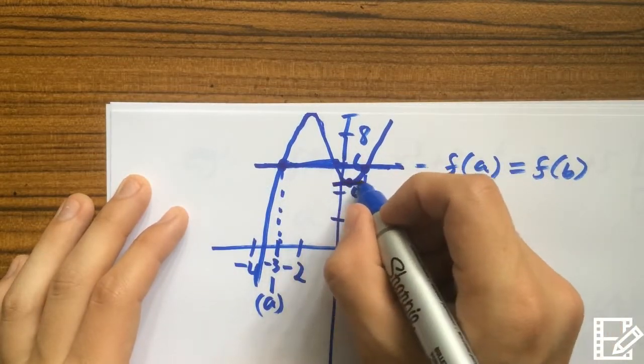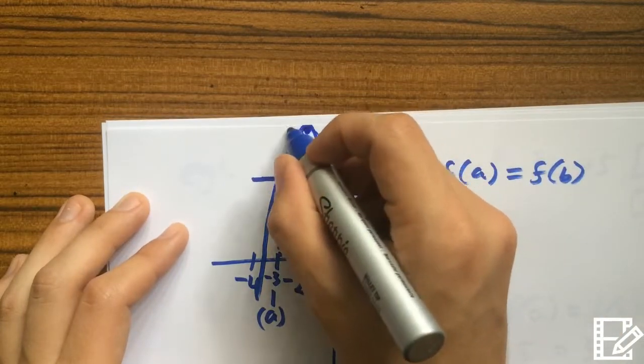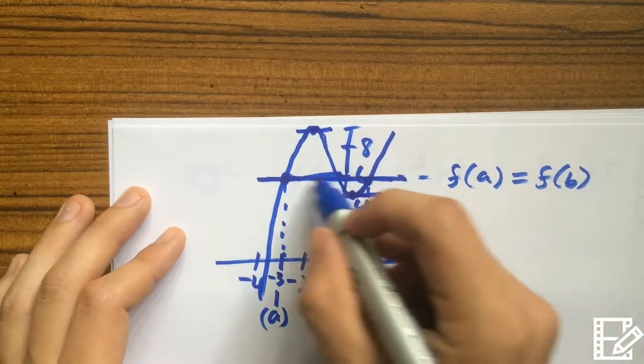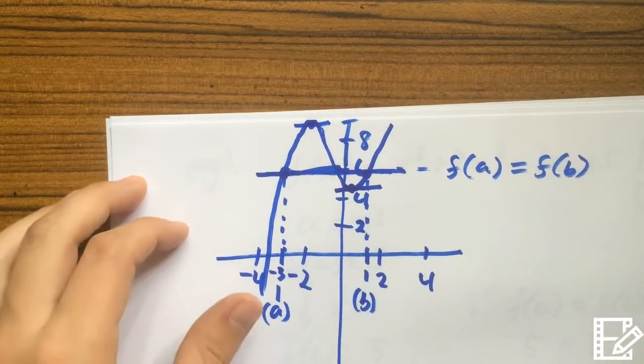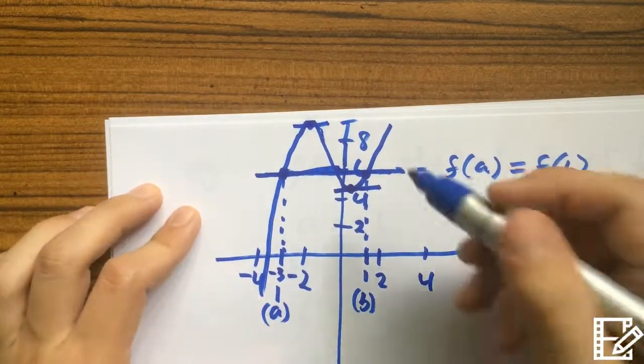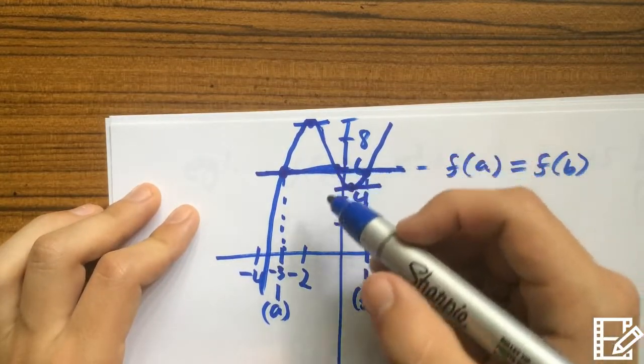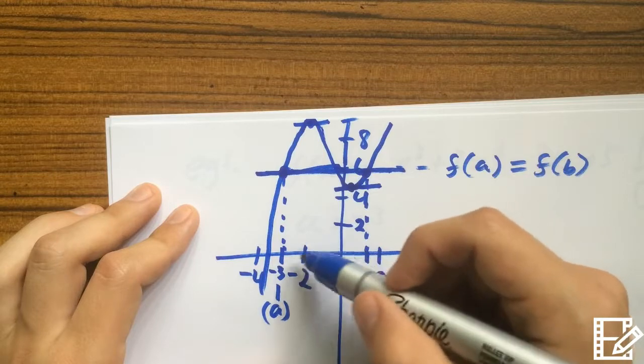So there'll be one here, and there'll be a point up here, where the slope at both of these points will be equal to the slope going through here. Okay? That's what we'll be looking for. So we'll be looking for one point between 0 and 1, and another point around -2.